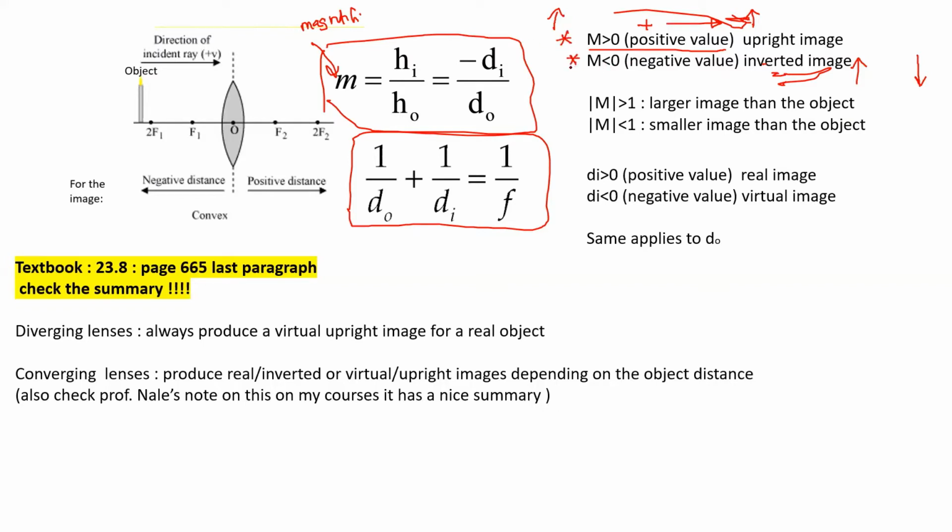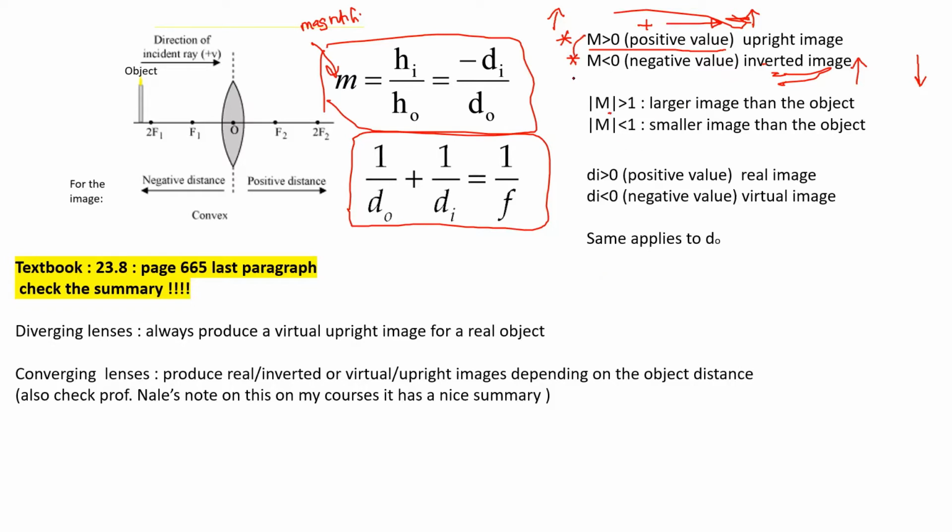These things were exactly the same as mirrors. If the magnitude of M is greater than 1, that means your image is larger than the object. And if M is smaller than 1, that means your image is smaller than the object.